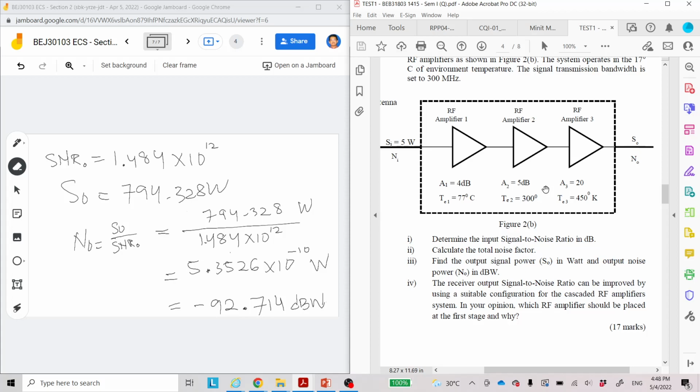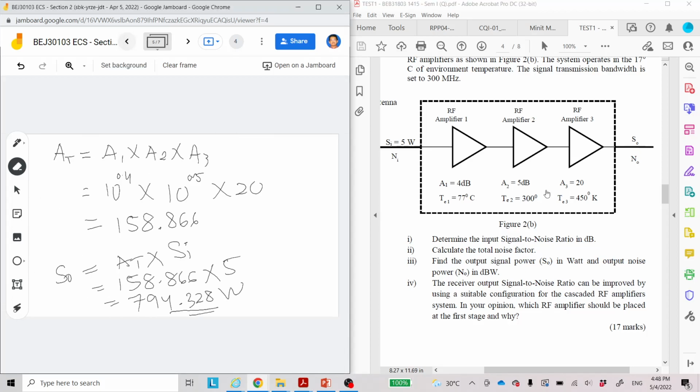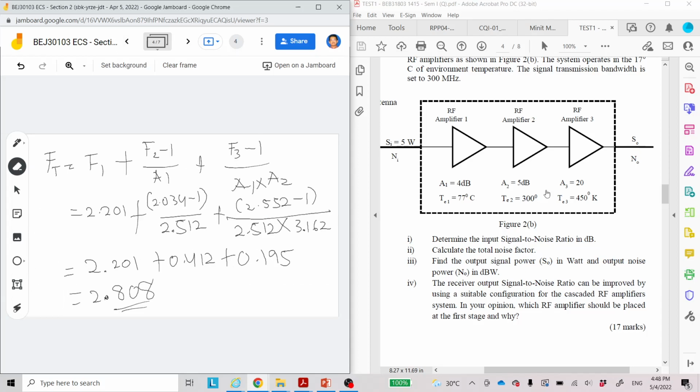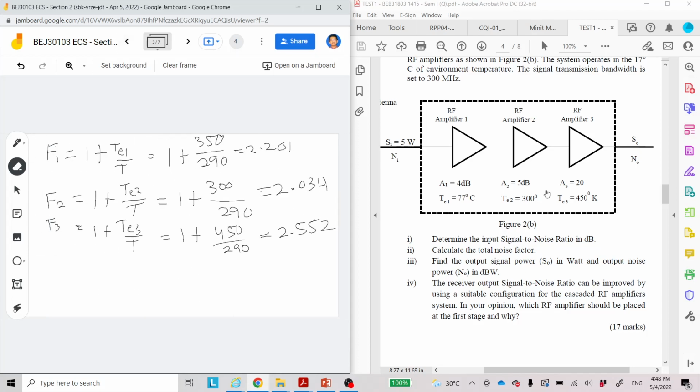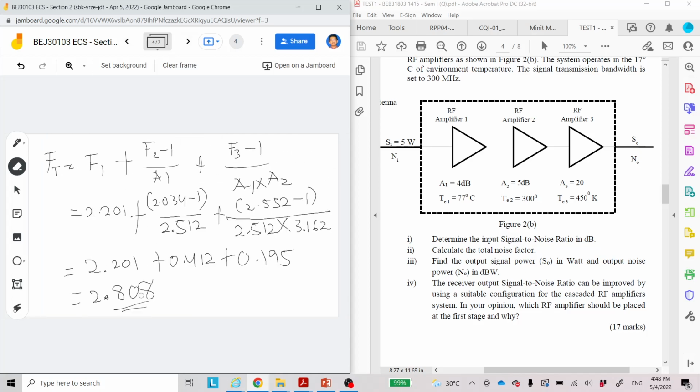So we need to refer to the previous one. With this kind of arrangement, we get the total noise factor of 2.808.